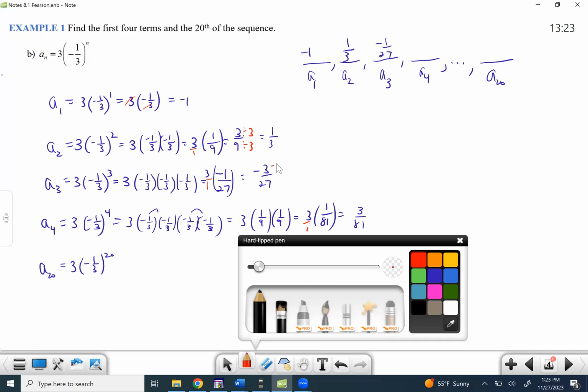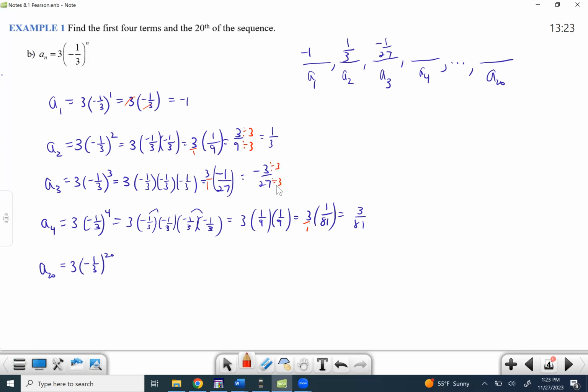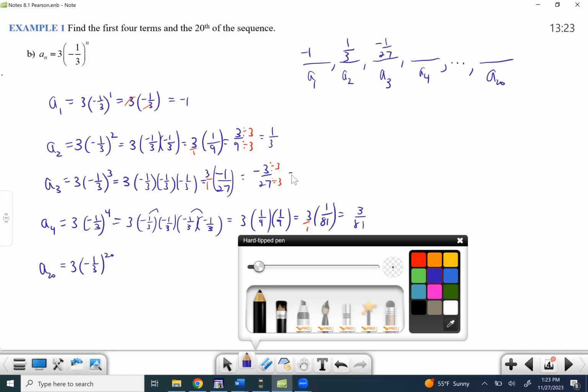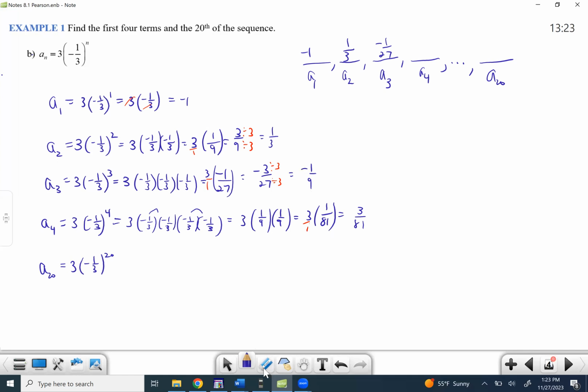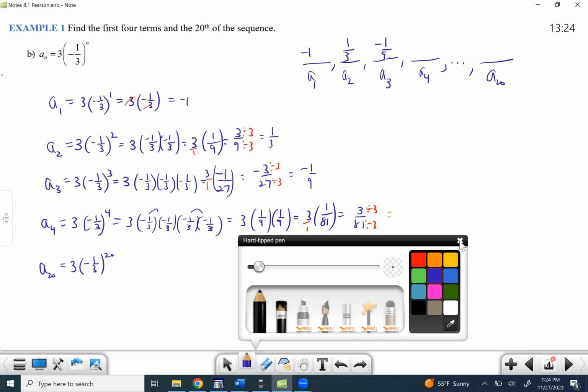So if we divide by 3's to both, we're going to get -1/9. So let me go in and fix that. Spotted that. All right. Okay, so then same thing here. When we have 3/81, we can divide by 3 to the top and the bottom. And that's going to get us 1/27.